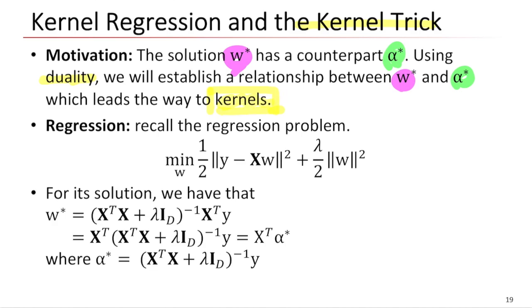What does it mean? Let's see an example. First of all, let's think about the linear regression problem with regularization. If you remember the regression problem, the loss function looks like this. If you don't understand this, please go back to our lecture 3, because there is related text for the regression problem.